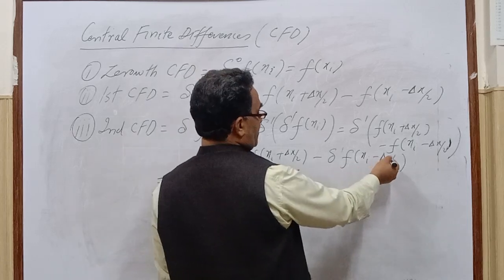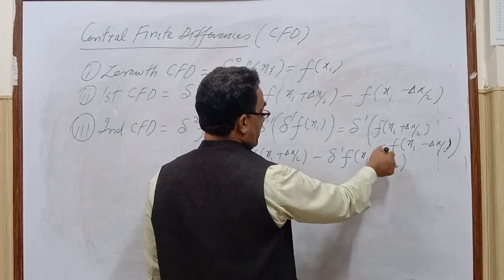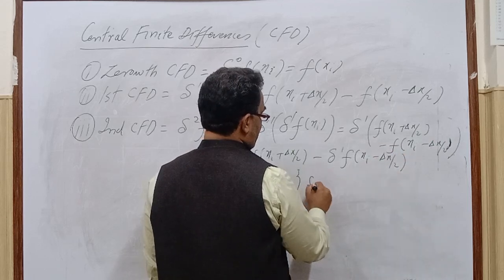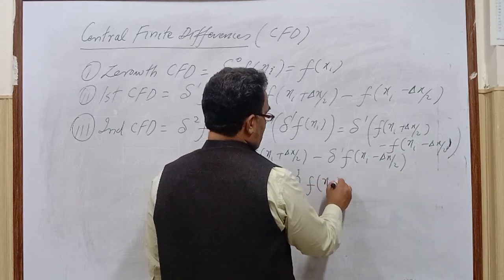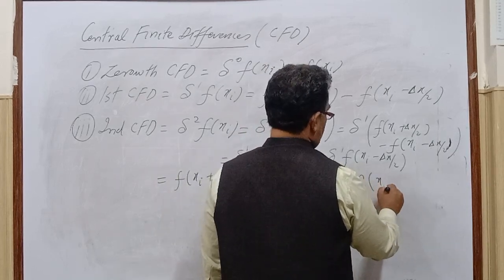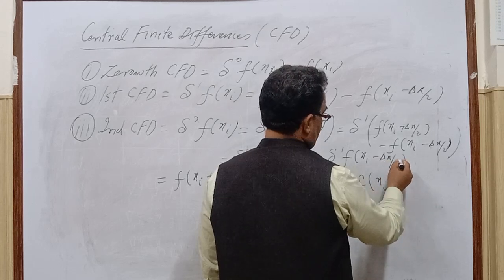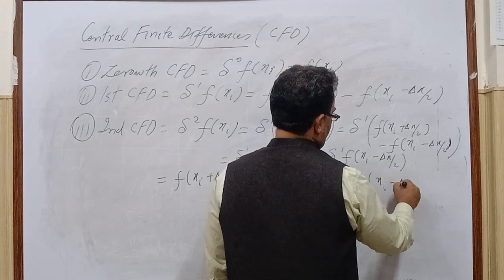Over here we do the same thing. We add delta x by 2, so minus delta x by 2 plus delta x by 2 cancel out, and we get f of xi. And minus, we subtract delta x by 2 from here, so minus delta x by 2 minus delta x by 2 will be minus delta x.